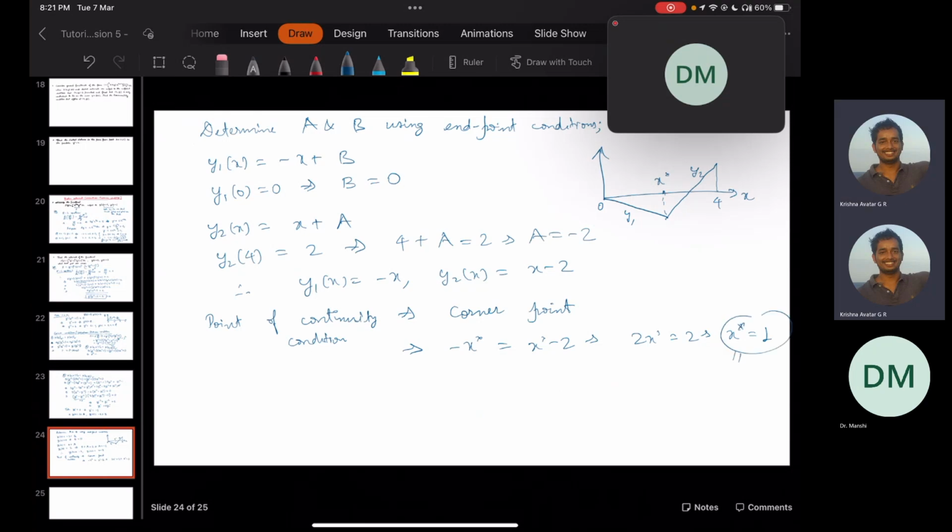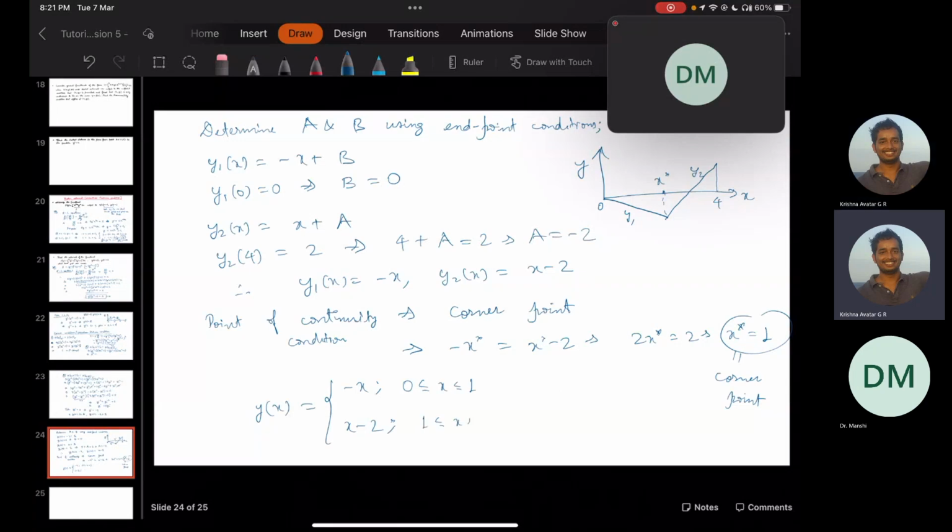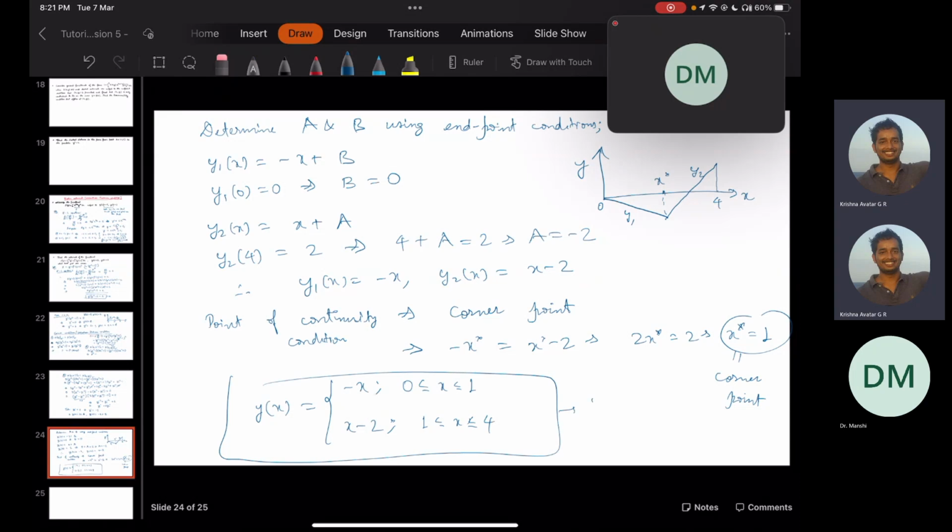So this is our corner point. Okay, so essentially our extremal is y is equal to minus x for 0 less than or equal to x less than 1, and then x minus 2 for the case of 1 less than x. So this is our extremal with one corner.